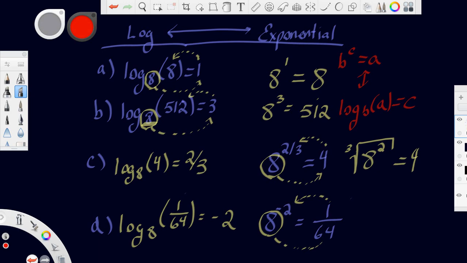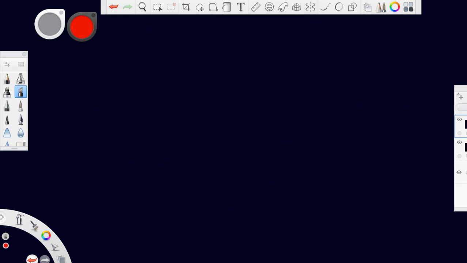Good. Let's just do a couple more of these, and let's do some where we don't have actual numbers, where we just have symbols. So let's look at, for example, log base 2 of 5 equals x.